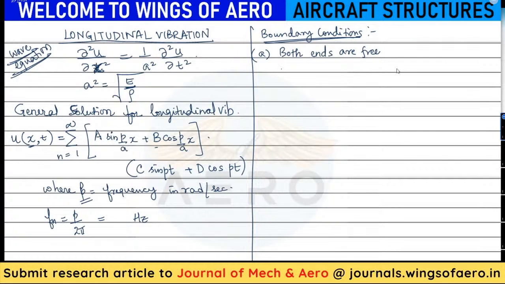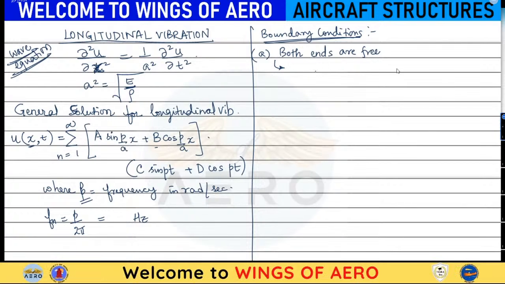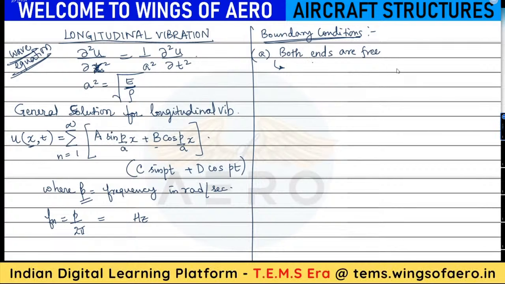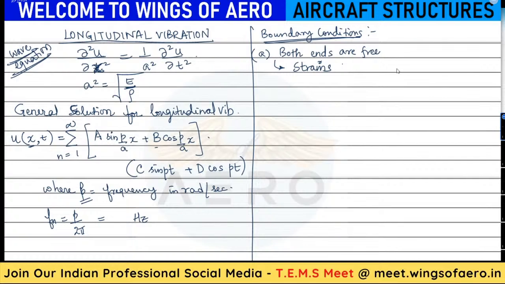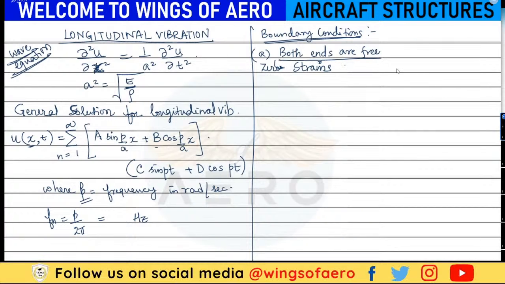When both the ends are free, you can also expect a 1 mark question. When both the ends are free, no strain occurs in the beam, so we will have zero strain.